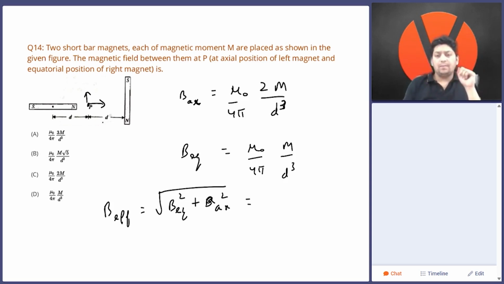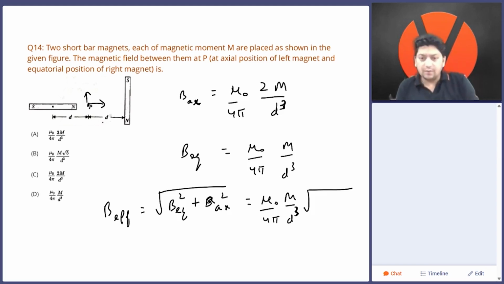So mu naught by 4 pi can be taken out, m can also be taken out, d cube can also be taken out. But what will be present in the under root? 2 square plus 1 square. That's it.